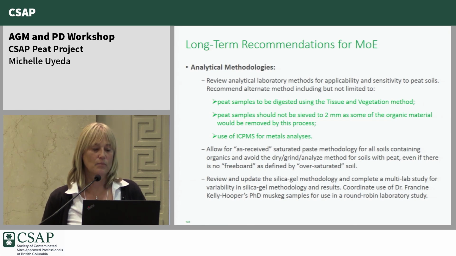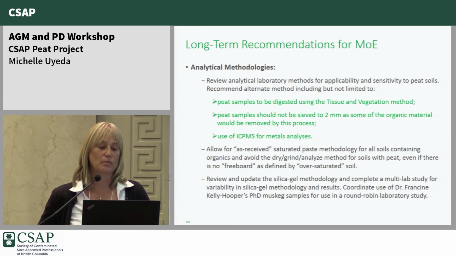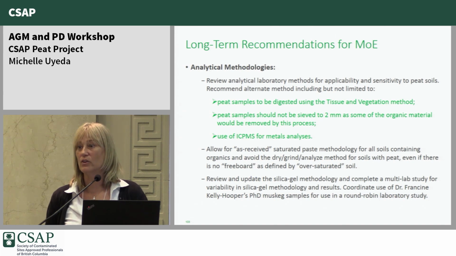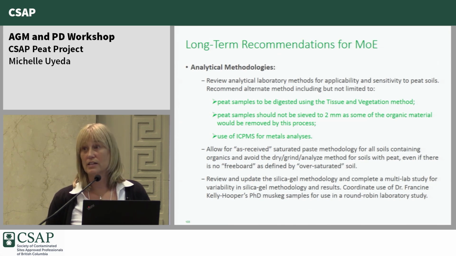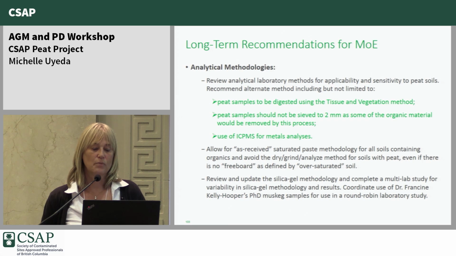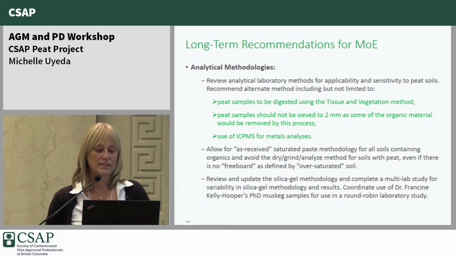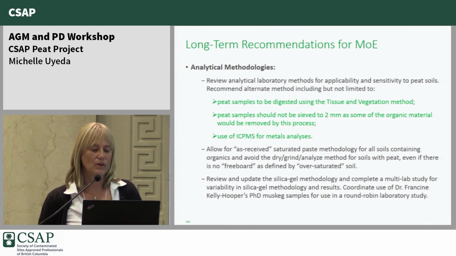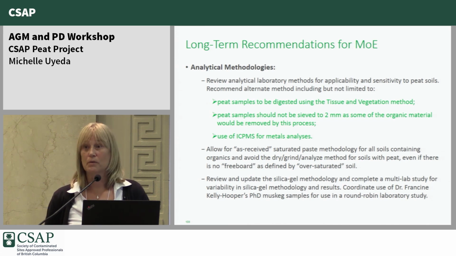And then using an ICP-MS collision component for metals analysis. There's a collision cell that gives you better values than the standard ICP-MS. Also allowing for as-received saturated paste methodology, and reviewing and updating the silica gel methodology, maybe completing a multi-lab study and seeing the variability.